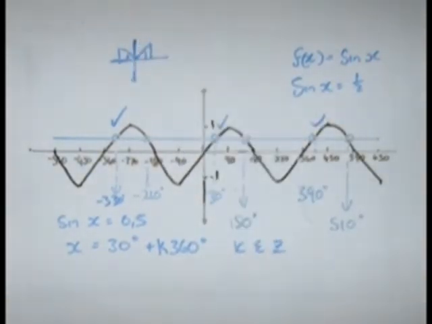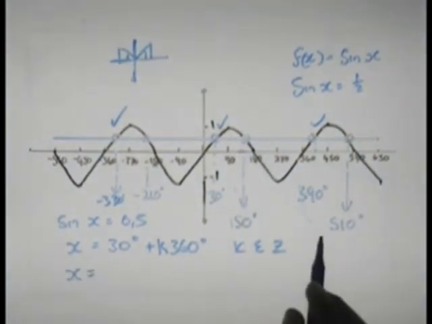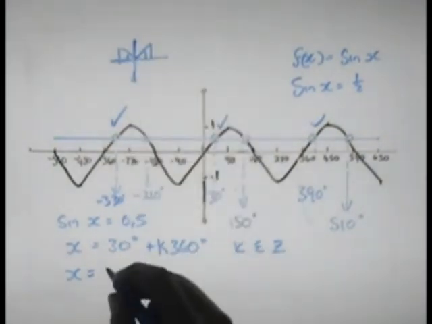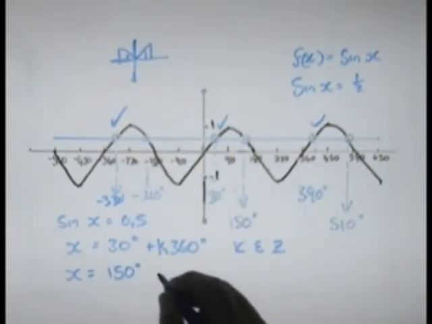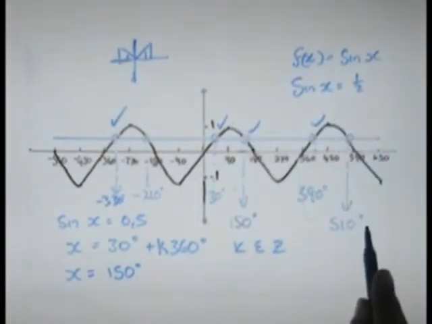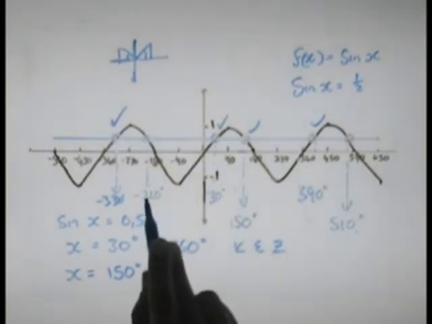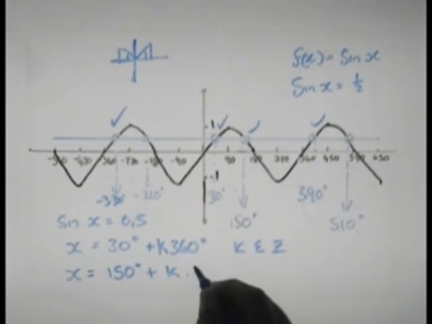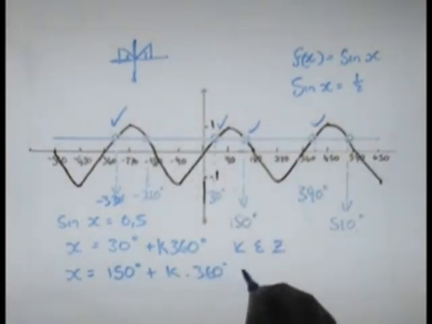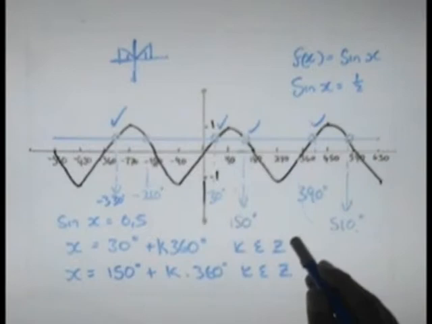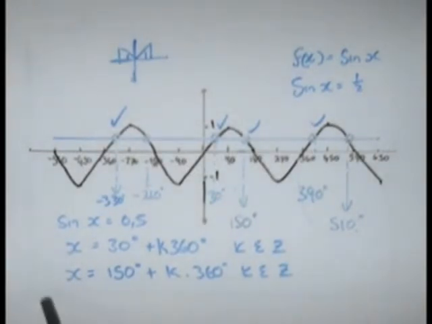That angle is in the second quadrant, which means that x will equal 180 degrees minus 30, which is the same as 150 degrees, which would account for that one, so it's 150 degrees plus k times 360 degrees, again where k is an element of integers. That there is the general solution.